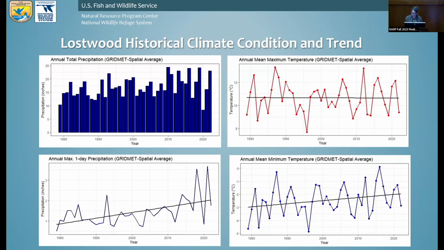There doesn't appear to be much of a trend, but when you look at the annual maximum one-day precipitation, it is increasing, especially over the last 10 years, and the magnitude of this increase is greater than we saw in Bosque. The annual maximum one-day precipitation went from 1 inch in 1980 to almost 4 inches in 2020. So that's quite an increase.